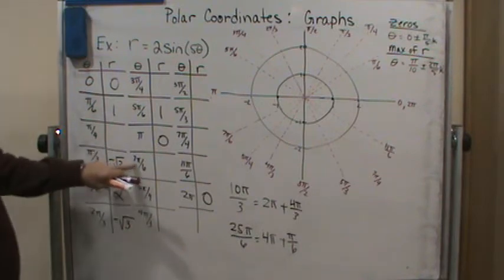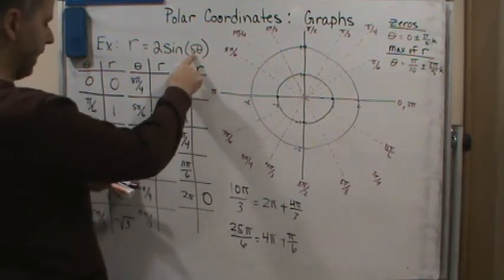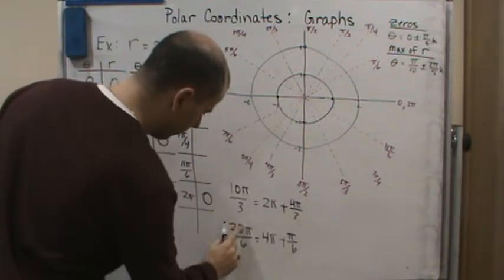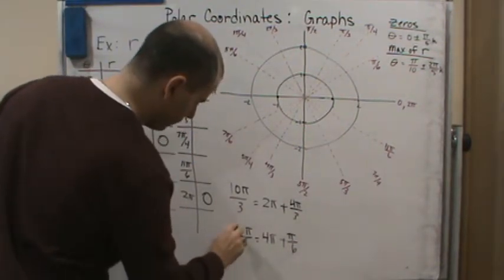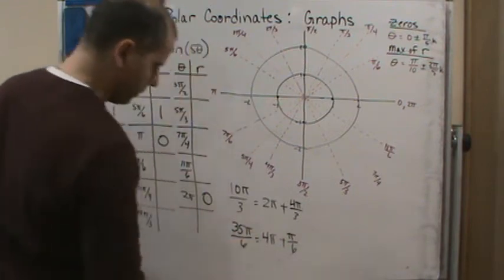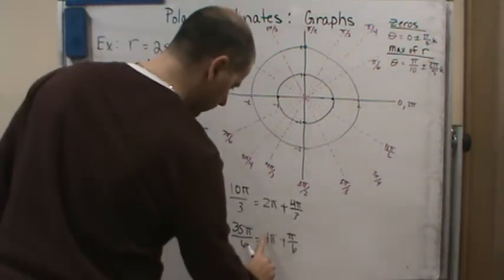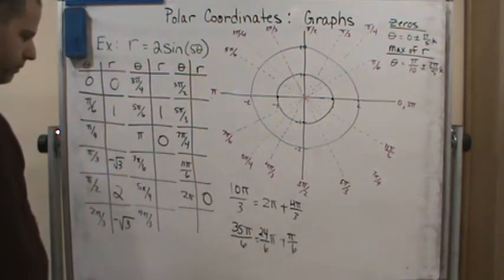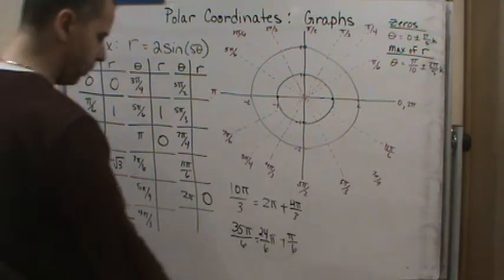And so 7 pi over 6, again, you're going to multiply by 5. That's going to give you 35 pi over 6. And again, 35 pi over 6 is going to give you what? 24 pi over 6 plus what?